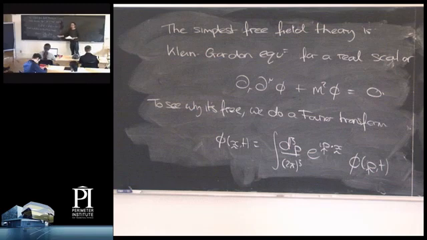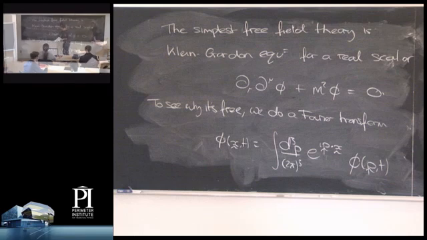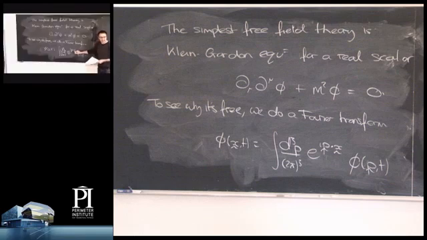Yes, but what's p? Is it the conserved momentum of the field? We're doing a Fourier transform with respect to x, so you could think of p just as what you need to do the Fourier transform with respect to x. It's not pi.